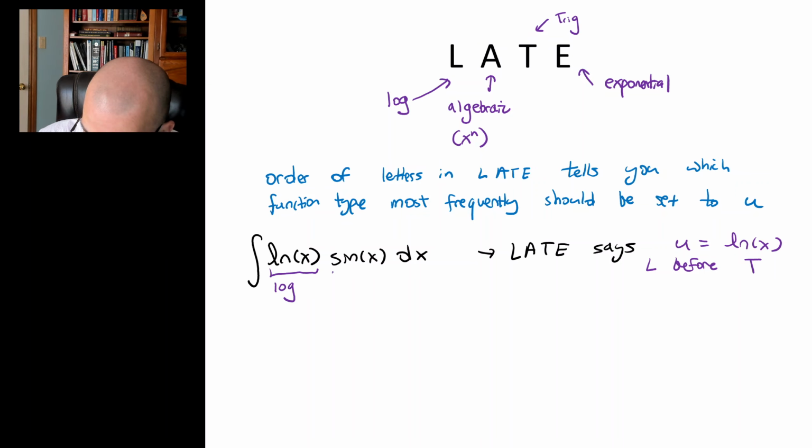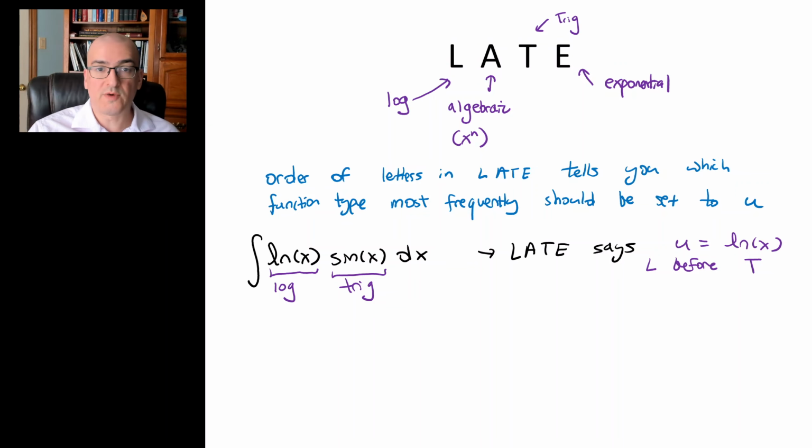Log and trig. So we have a log, we have a trig. L comes before t, so I'm going to let u equal ln of x. It's really dumb. Like this acronym, there's no hidden universal truth inside an acronym like this, but it's just a way to memorize the order. It's fast. It gets it done, even though it's not 100% accurate.